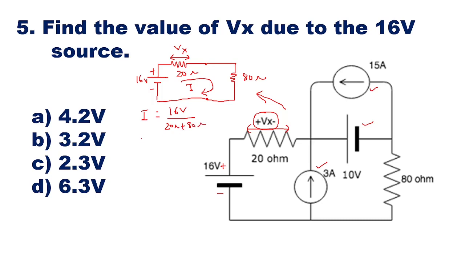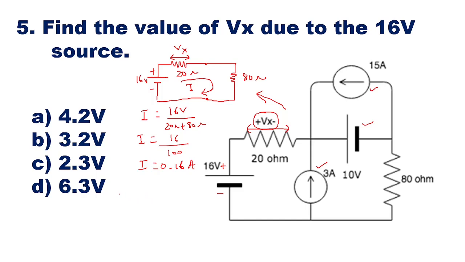Okay, so it is nothing but I is equal to 16 upon 100. So it is nothing but I is equal to 0.16 amperes. So the current which is flowing is 0.16 ampere. Now this 0.16 ampere, when it is flowing through 20 ohm resistor, the voltage Vx will be developed across it.